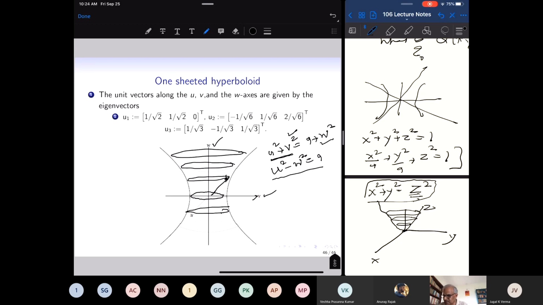That's why it is called a hyperboloid of one sheet. It is a connected surface. You can get equations which are hyperboloids of two sheets, but they are represented by two negative eigenvalues and one positive eigenvalue. You will get paraboloids, etc., when one of the eigenvalues is 0. So these are the applications of the spectral theorem to analytic geometry.